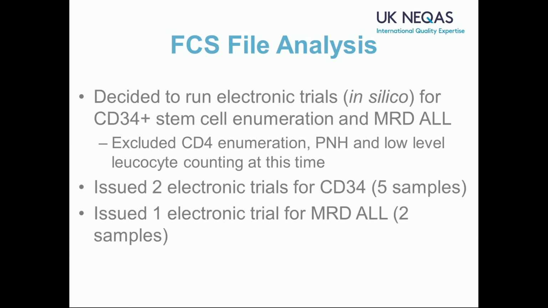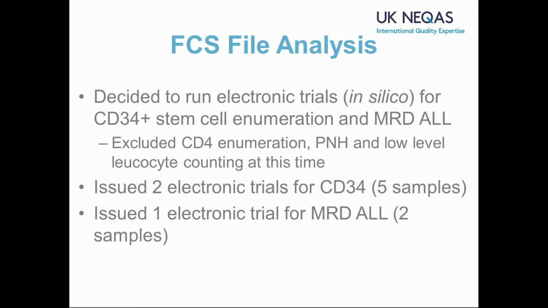So to assess some of this, we decided to run some electronic trials in silico, if you do the Latin. We did CD34 stem cell enumeration and MRD of ALL. We've excluded CD4 enumeration at this time because 95% of it is done through automated software, so we couldn't see the point.